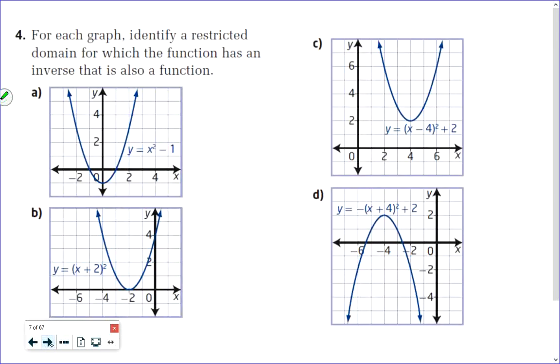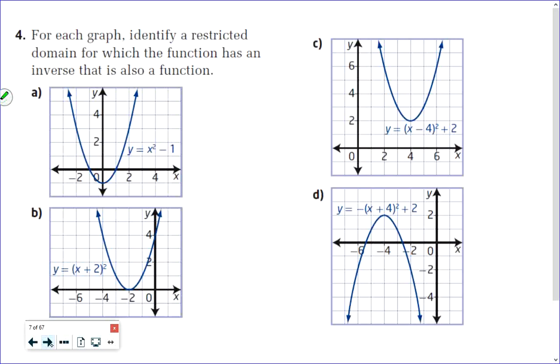So we want to restrict the domain for which the function has an inverse that's also a function. And again, this is one of a number of things that I've always struggled with as a teacher, because to me it seems easy, the explanation makes sense, but students struggle with it. And what I would say to you is always try to go back to the idea that the inverse of a function will not be a function because the function, the original thing, goes up and down.